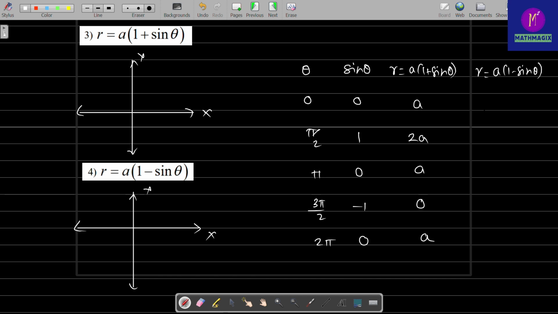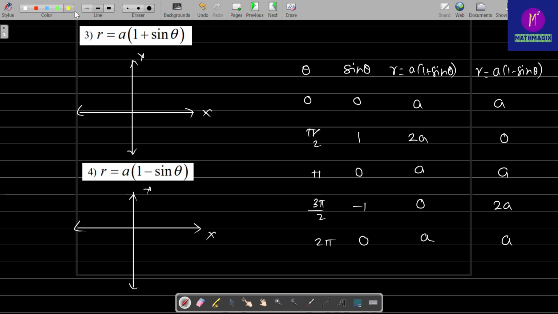For sine theta 0, we'll get r as a. For sine theta 1, we will get r as 0. Whenever sine theta is 0, we will get a. Whenever sine theta is minus 1, 1 minus of minus 1, that is 2a. And whenever sine theta is 0, again we will get a.